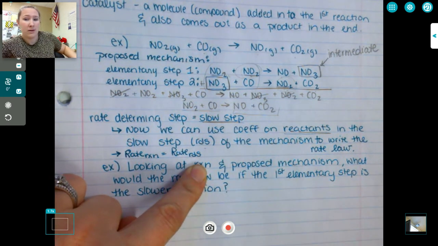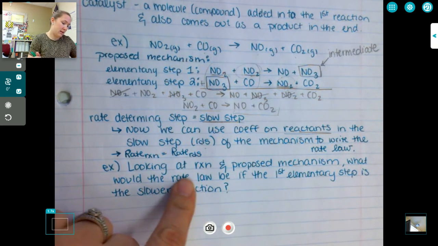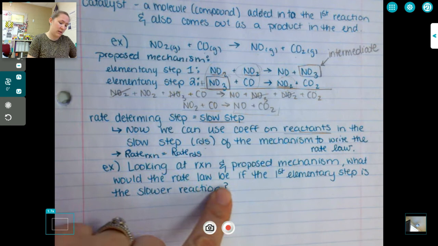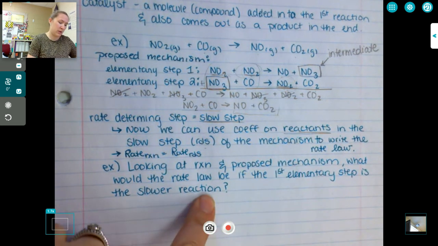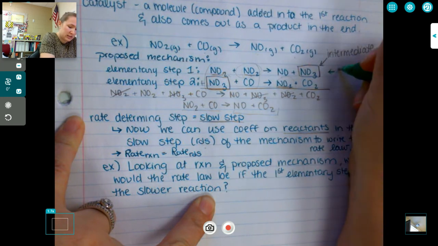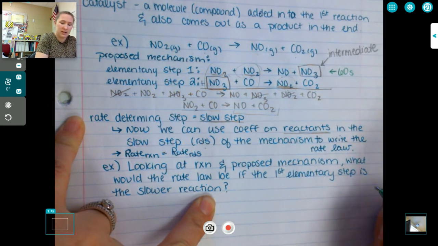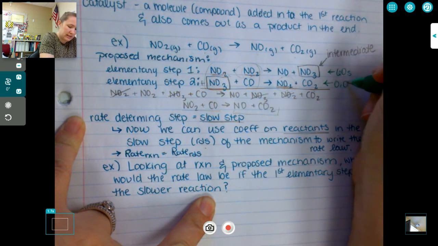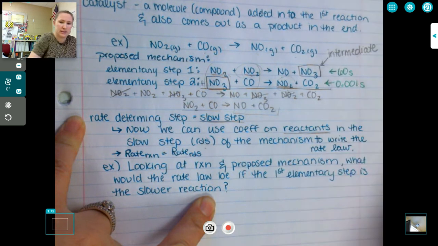So looking at my reaction from above and my proposed mechanism, what would the rate law be if the first elementary step is the slower reaction? So what if this reaction took 60 seconds to happen and this one took 0.001 seconds to happen?